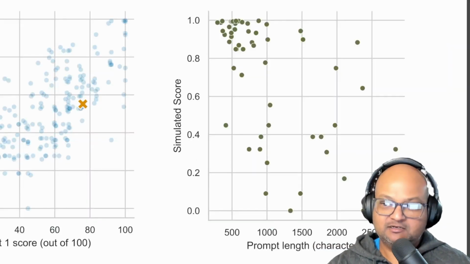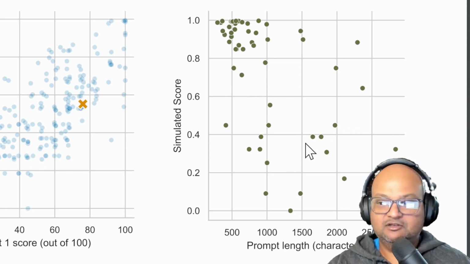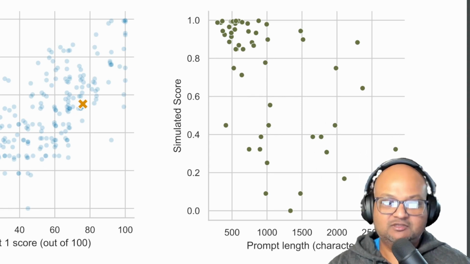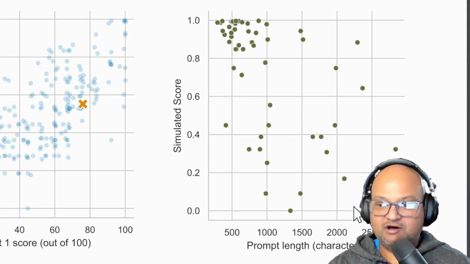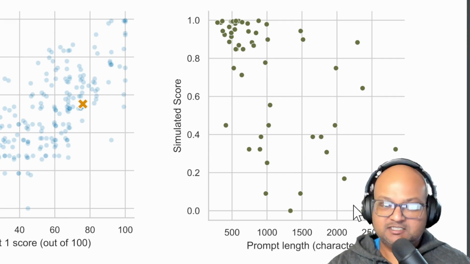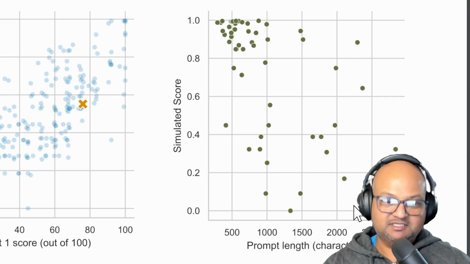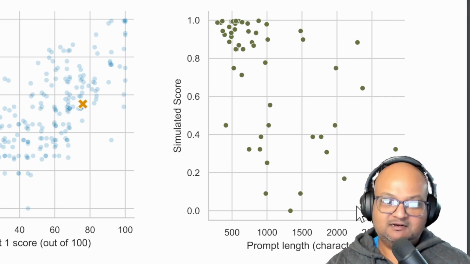Another interesting thing to note was how prompt length, which is basically the length of the question, affected the score. And you can see that shorter prompts of about 700 characters ended up scoring really high, and most of the lower scoring questions were those that had much longer prompts. Now, one interpretation of this is, well, obviously the more challenging questions had longer descriptions and hence Codex had a tougher time solving them, which is true.